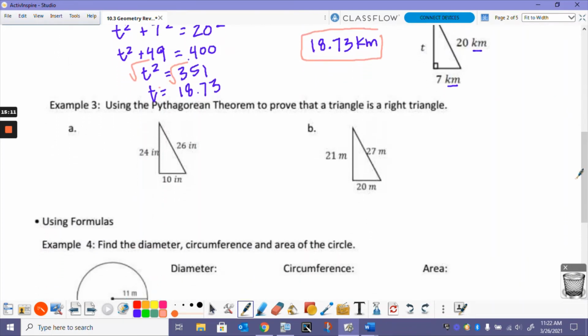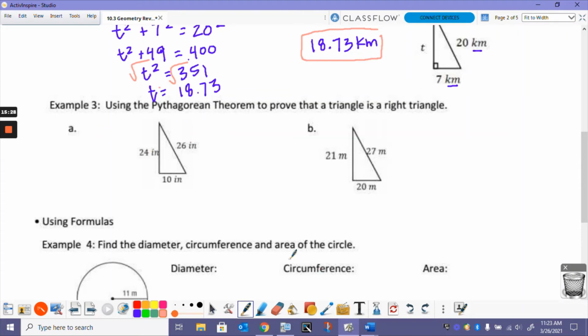All right, example 3, once again, using the Pythagorean theorem, it says prove that a triangle is a right angle. All right, so we know that a small leg squared plus a small leg squared equals a large hypotenuse squared.